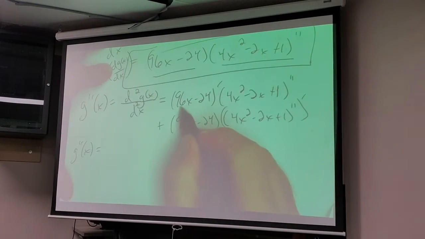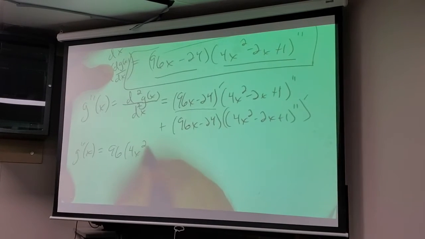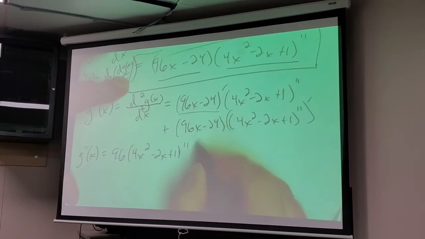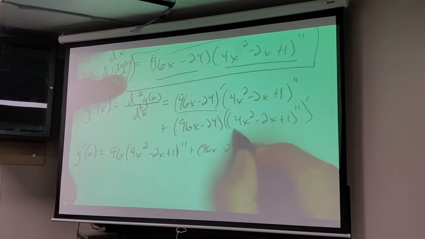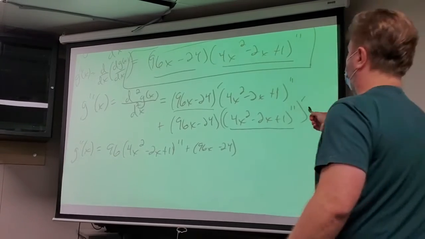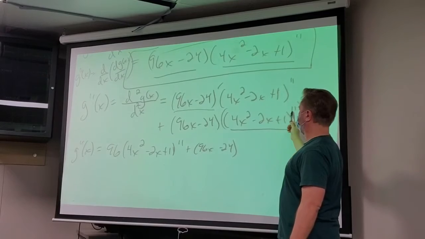So what's this guy's derivative here? 96, and that's just times all this business, plus. Now what's going to happen here? So that is its own little problem. What happens here? Chain rule. Chain rule, exactly. We have a function inside of a function.